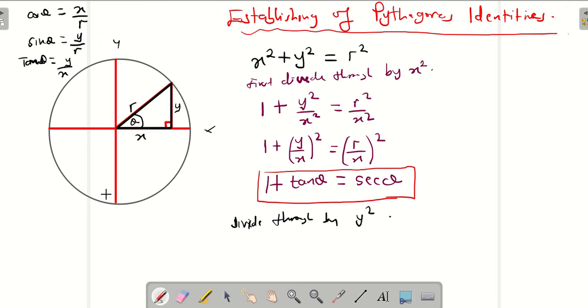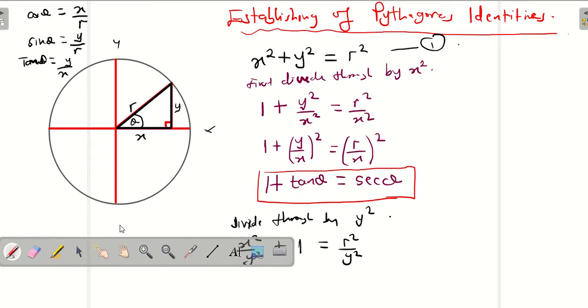Now when you divide through by y squared, you are going to get an identity. So this is our first equation, equation 1. We are dividing through by y squared, so we are going to get x squared over y squared, then plus y squared over y squared would be 1. Then should be equal to r squared over y squared.